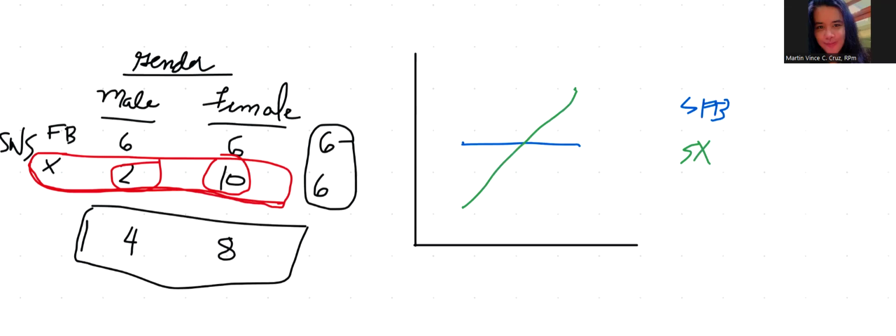Mas konti yung na-identify nilang fake news compared dun sa female users of X na nag-participate dun sa study. So, may influence yung social networking site dun sa gender of user in helping identify fake news. Okay?